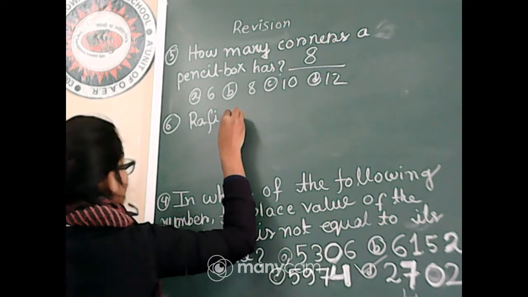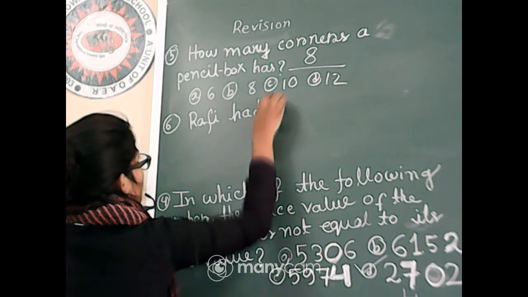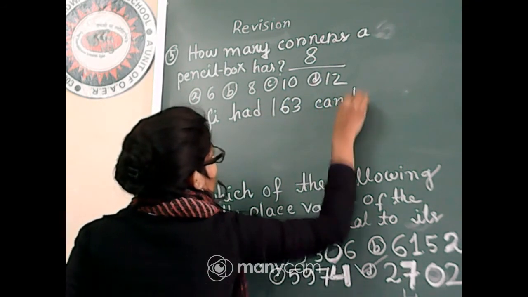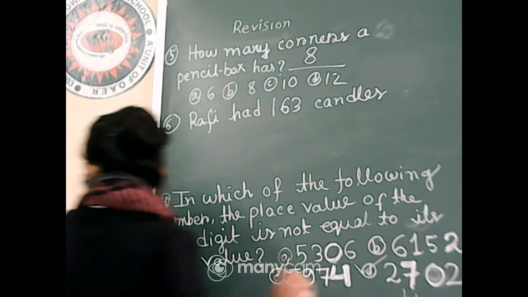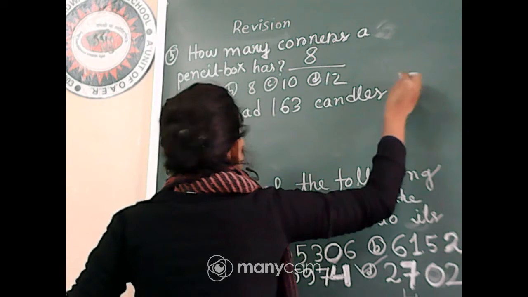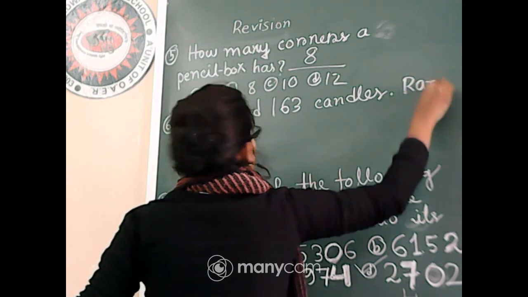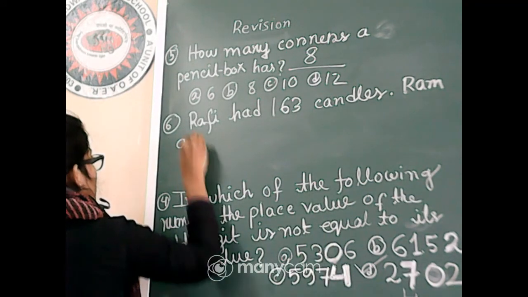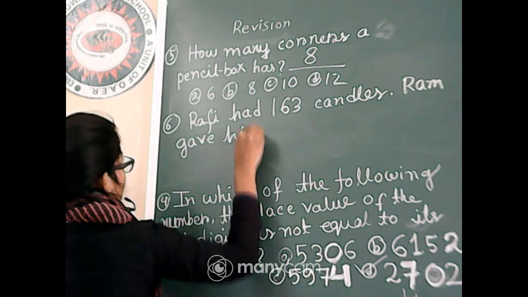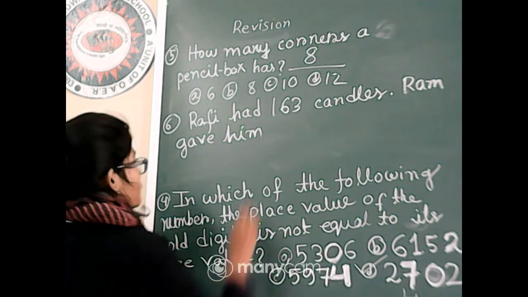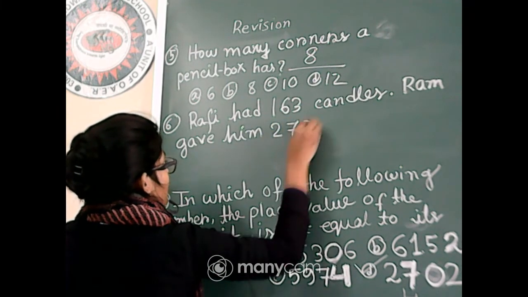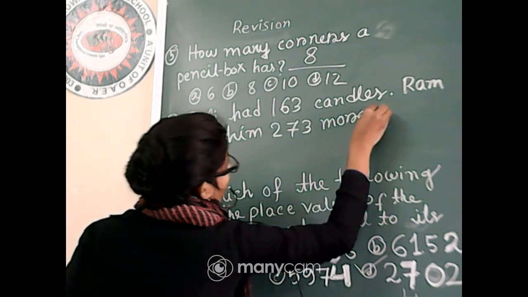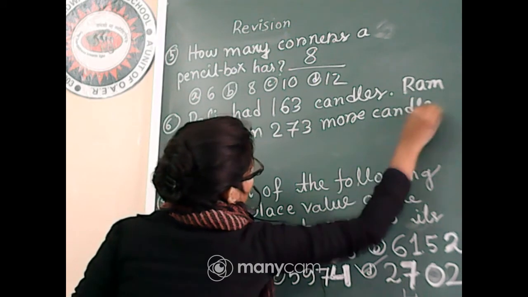Rafi had 163 candles. Ram gave him 273 more candles.